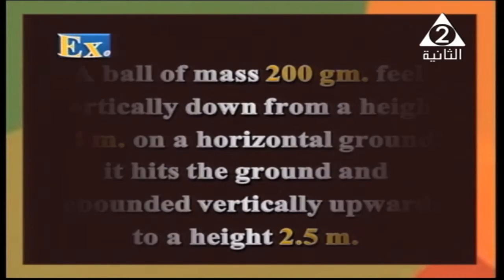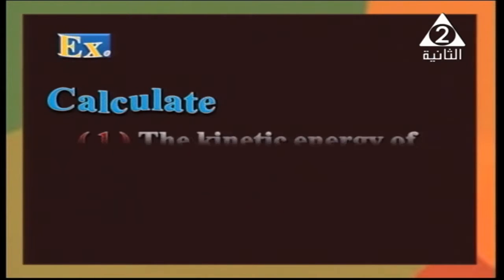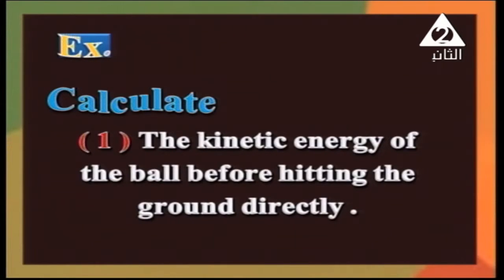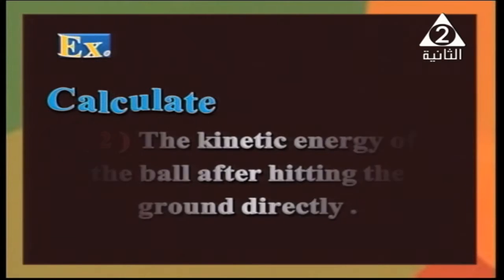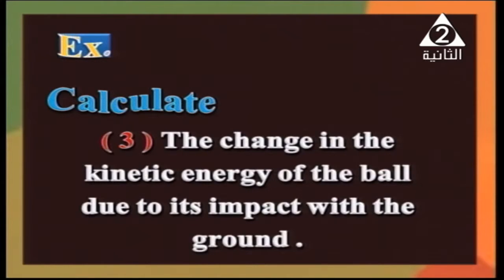Calculate: number 1, the kinetic energy of the ball before hitting the ground directly. Number 2, the kinetic energy of the ball after hitting the ground directly. Number 3, the change in kinetic energy of the ball due to impact with the ground.